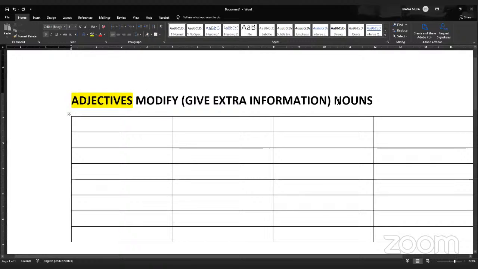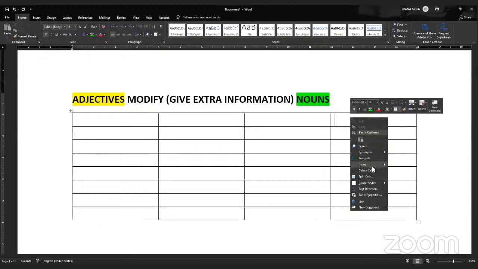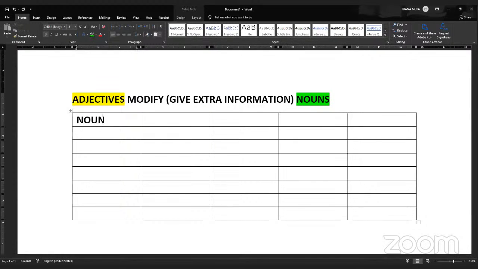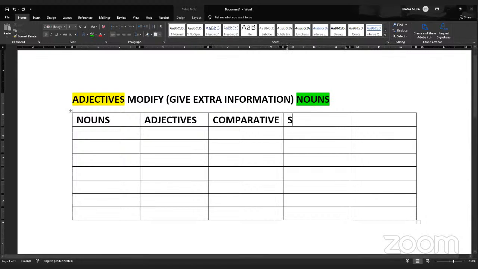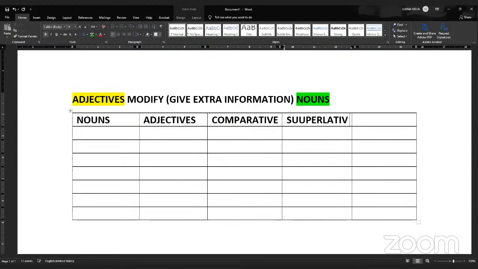That is considered nouns. Let me write here the word nouns, then adjectives, then comparative over here, superlative. Ah, misspelling. Good. Let's carry on with some nouns.